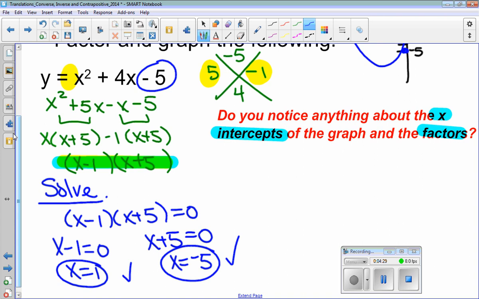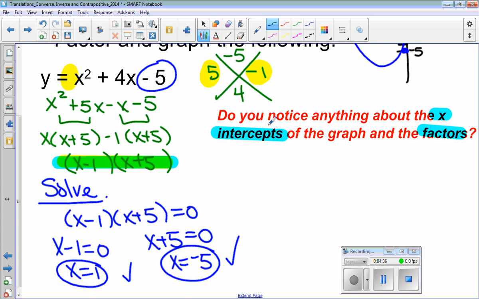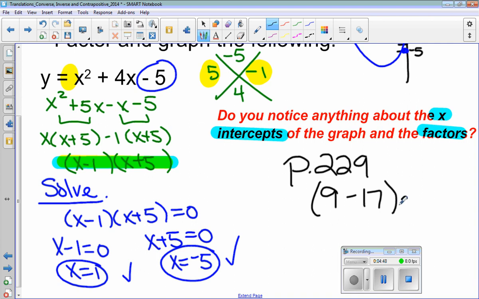I'll go ahead and text that to you, but I'll write it here as well. It's page 229, 9 through 17 all. I will text it to you and put it on School Fusion. That will work.